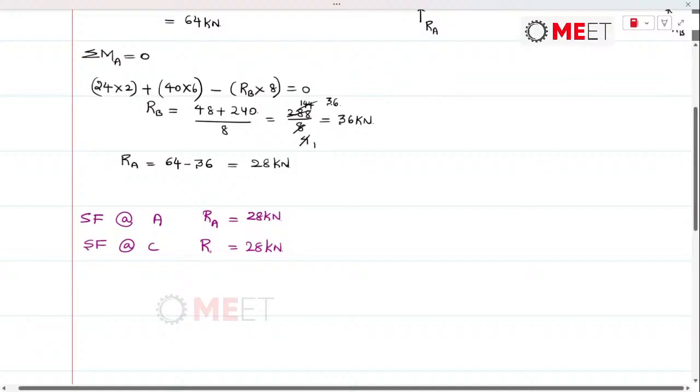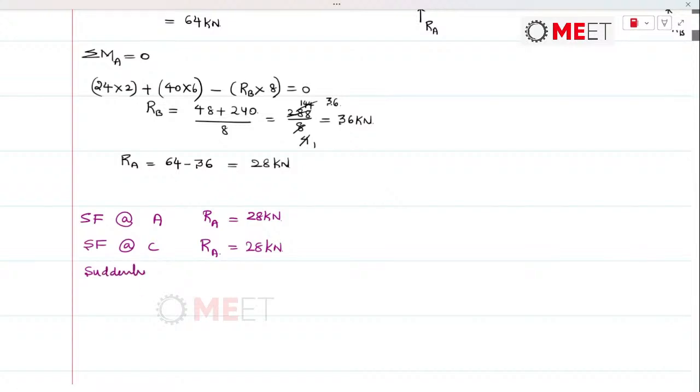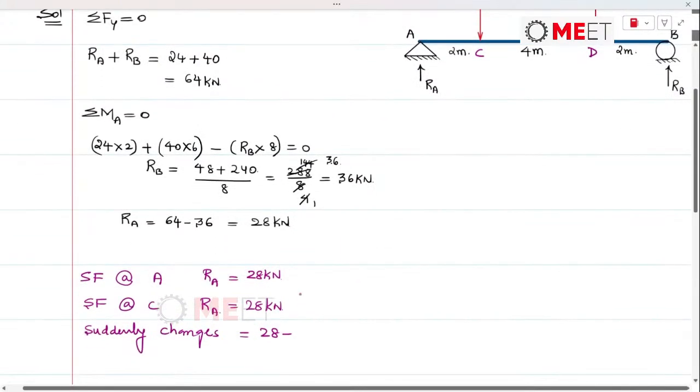So shear force at C will be RA, that is 28 kilonewtons, and at C there will be a sudden drop in shear force. It changes suddenly, that is 28 minus the point load of 24, which is 4 kilonewtons.